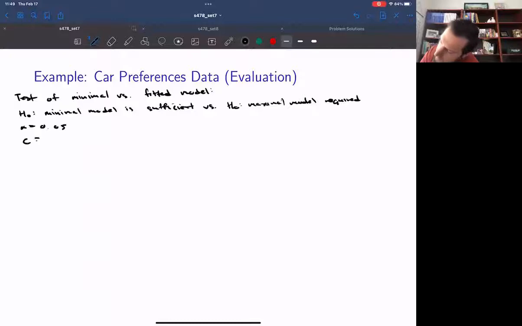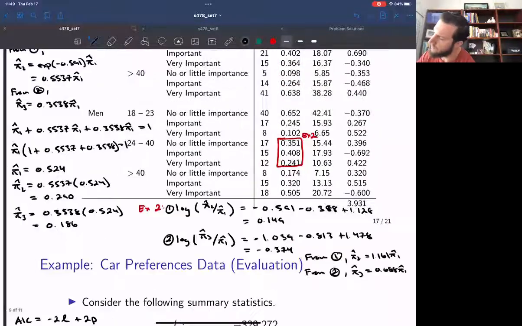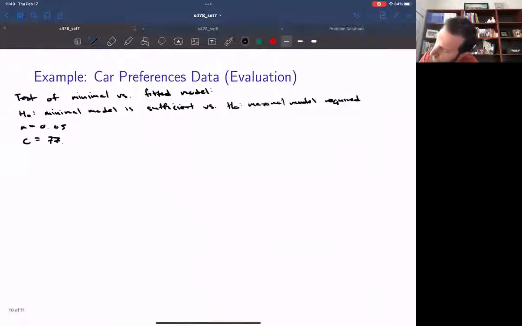We have alpha 0.05. Okay, our test statistic is going to be C, which is 77.84.